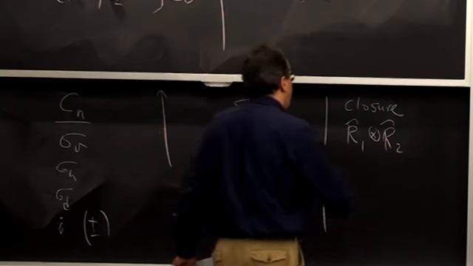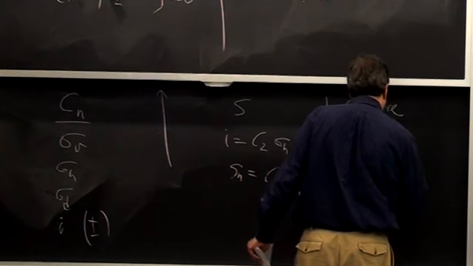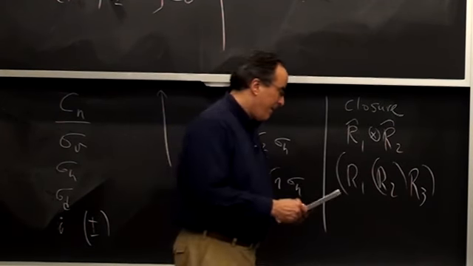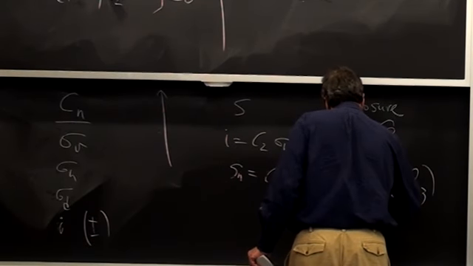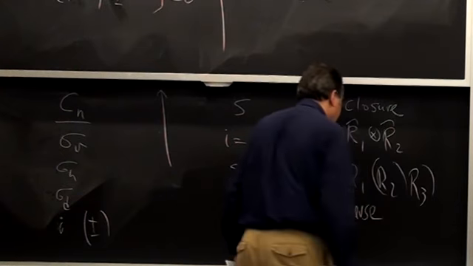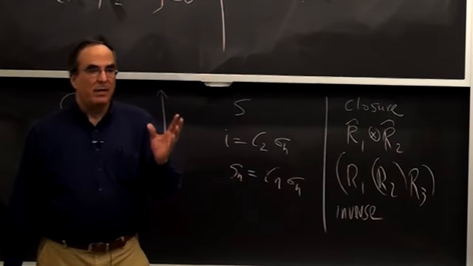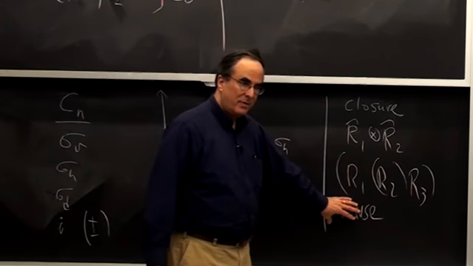And if you have R1, R2, R3, you can put parentheses around any two. There's also an inverse. So every operation in a symmetry group has to have an inverse.